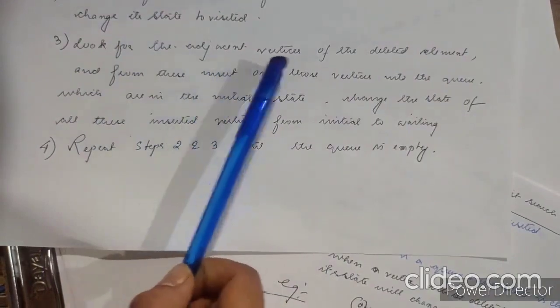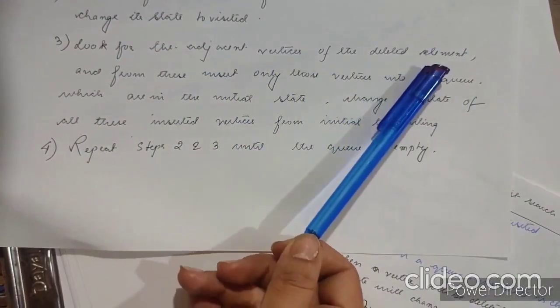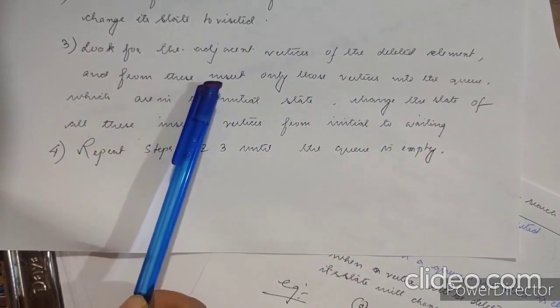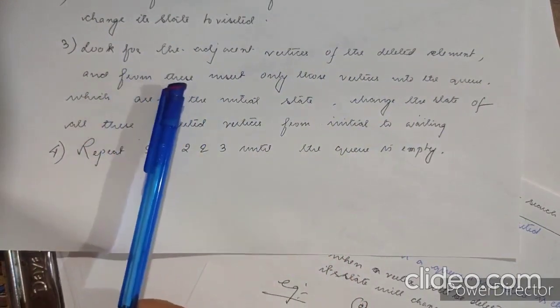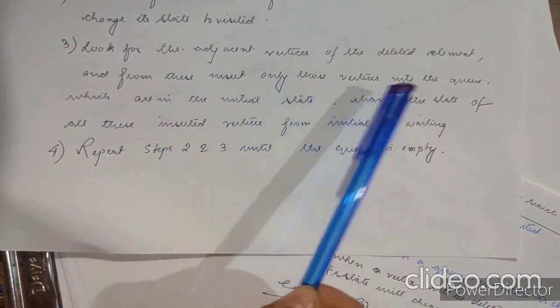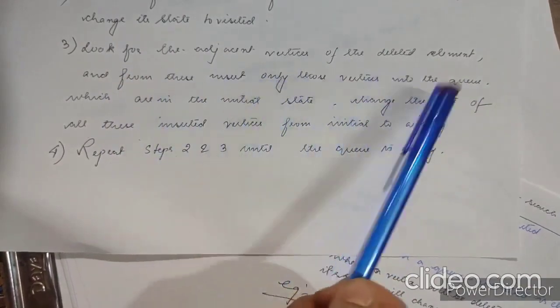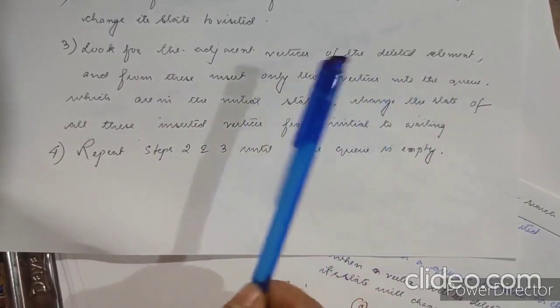So what does the second step say? Look for the adjacent vertices of the deleted element. That is, 0 has been deleted and visited. From there, insert only those adjacent vertices into the queue.